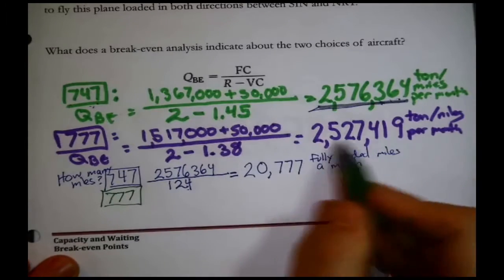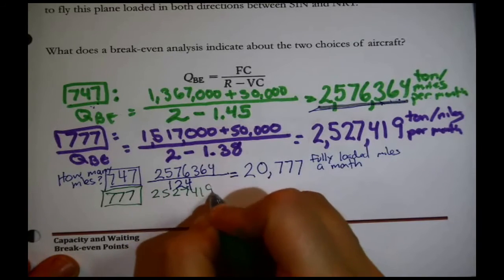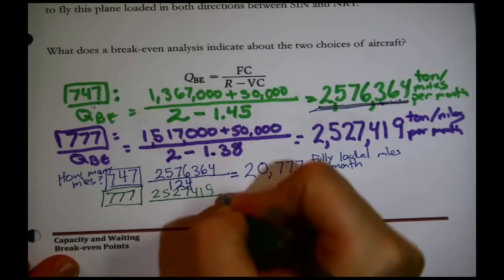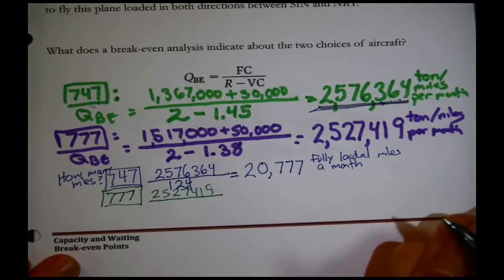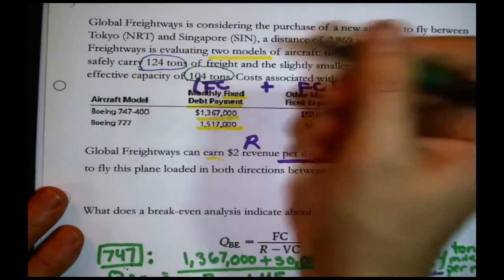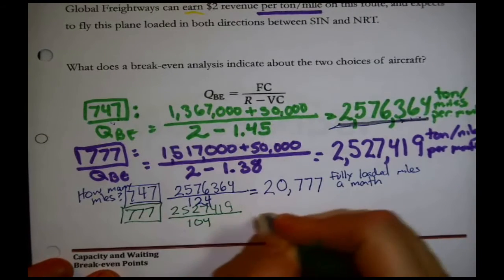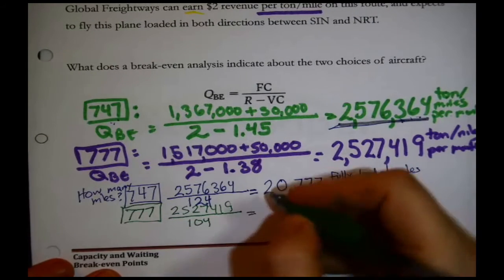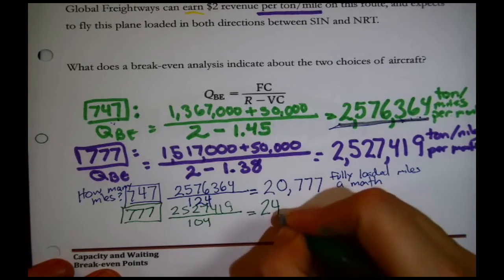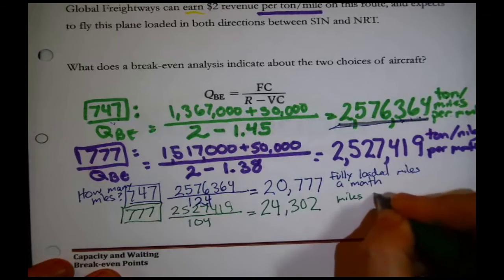Take the original break-even point, 2,527,419, which is in those not very intuitive ton miles, and if it's being flown fully loaded, it is flying 104 tons each mile. Divide by 104, and on my calculator I get 24,302 miles a month.